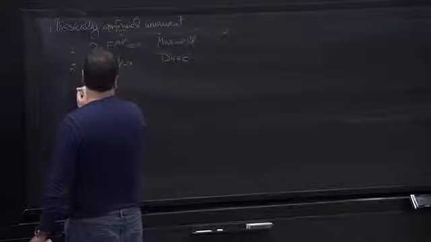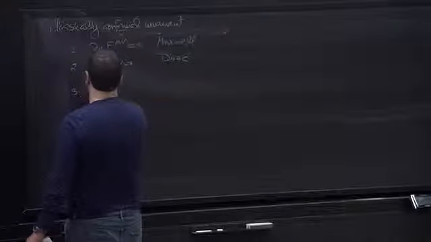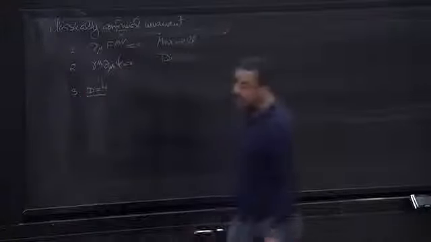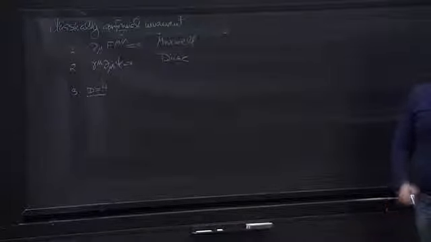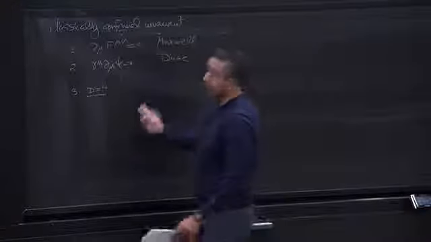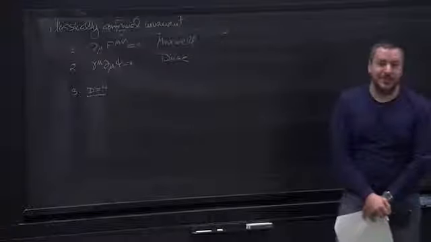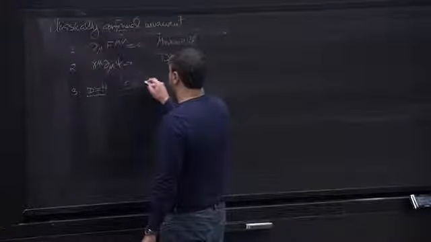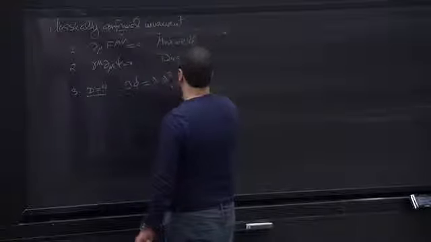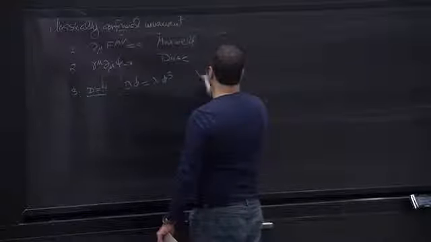Can you give me an example of a classically scale invariant theory in 4 space-time dimensions? I don't want to say more because of the phi to the 4 theory. Phi to the 4 theory is scale invariant.